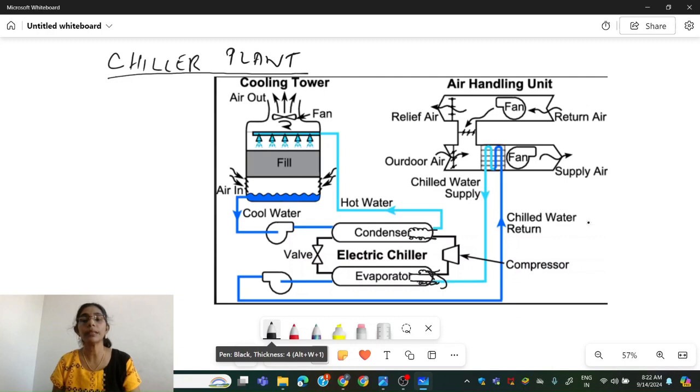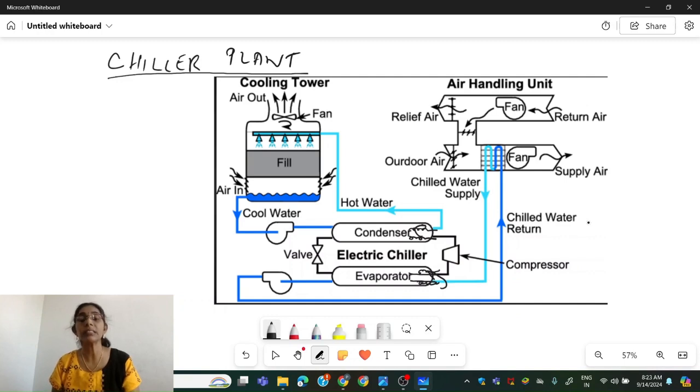The refrigerant fluid is allowed to pass through the lower tube, and it gives away the heat to water. That water, since it takes away the heat, becomes hot water and goes outside. What happens there, we'll see later. So this condenser as well as the evaporator acts as a heat exchanger.